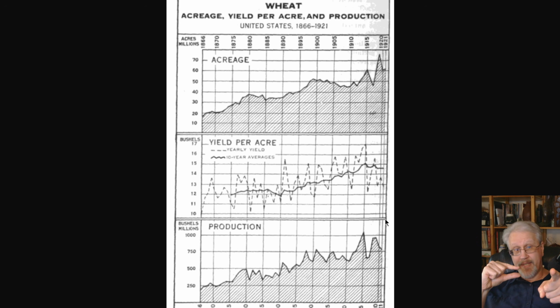That's what we should be seeing: dramatic reductions in the farm workforce per agricultural unit, and then steady output increases over the decades, just to add icing to that cake. And that's agricultural output.